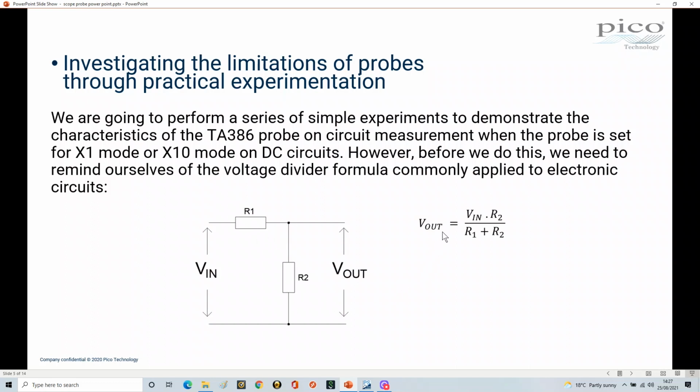So the formula is V out is equal to V in times R2 divided by R1 plus R2. This can be rearranged such that R2 is equal to R1 over (V in over V out minus 1). This formula may well be familiar to you, but if not, don't worry about it. I'll mention it later on, and it's all written down, but you get a rough idea of what's going on and how important this is.